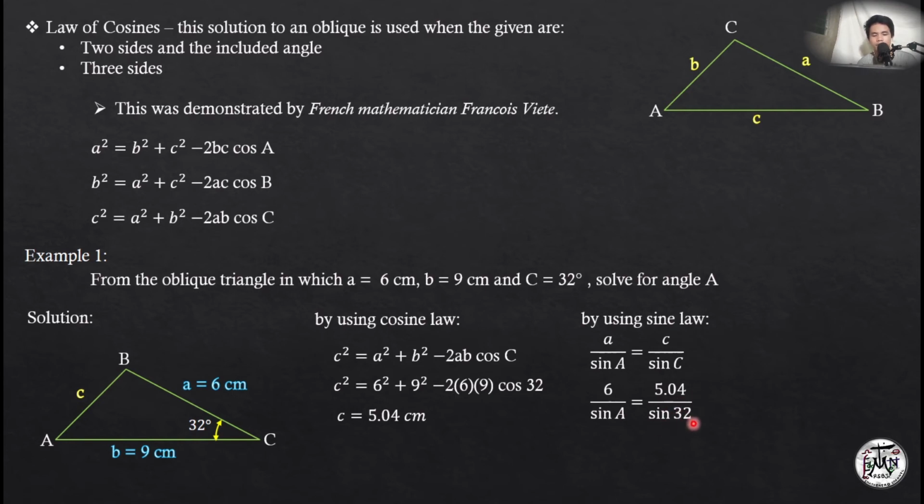So calculate. A is equal to arc sine of the quantity 6 times sine 32 over 5.04. So the final answer calculated is 39.10 degrees. So that is the answer of this problem.